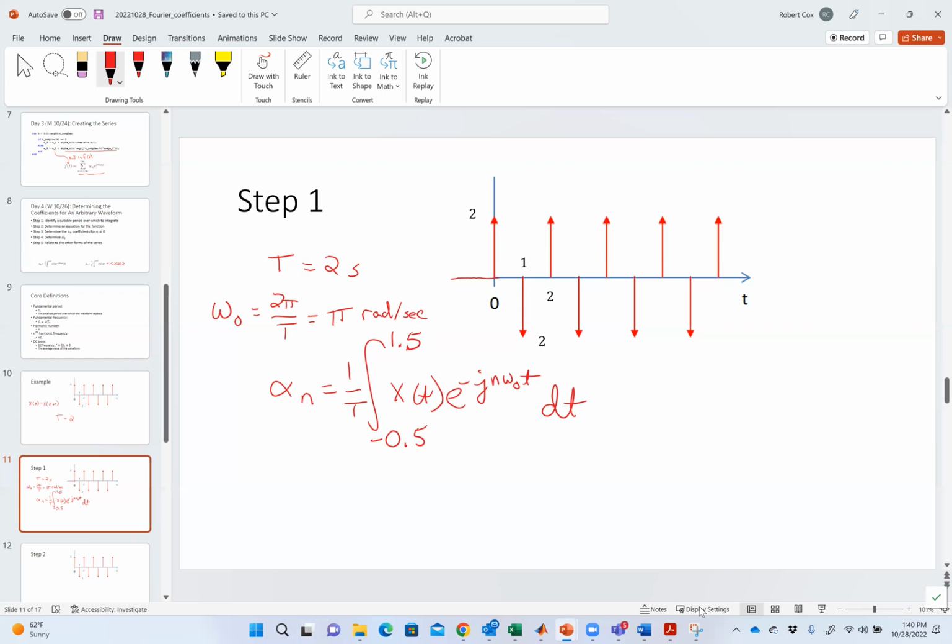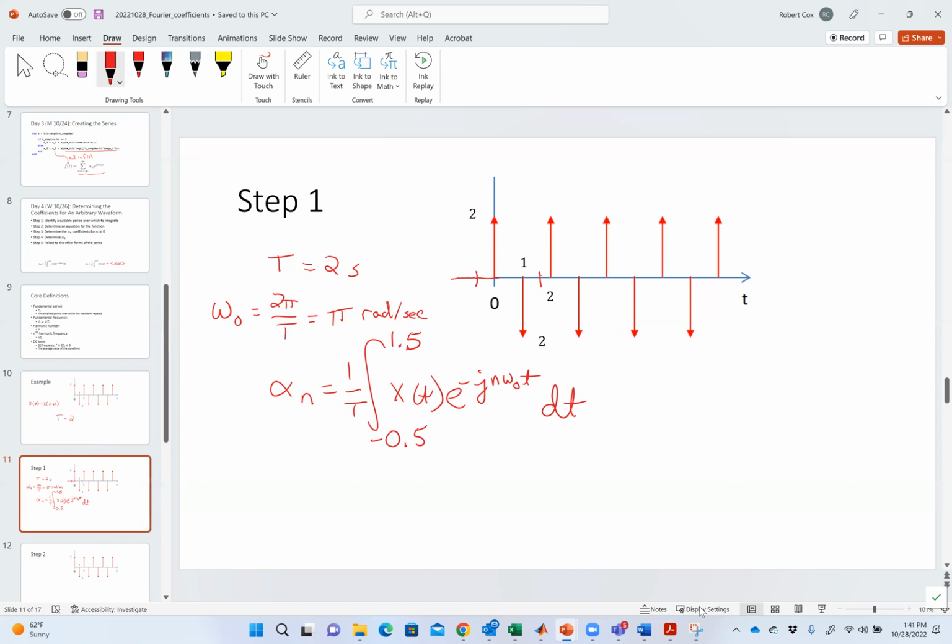So I'm going to start here and end here. I'm still doing it over a period T. Notice I'm going over T equal to 2, but I'm starting so that I clearly enclose those two impulses. You guys follow that?